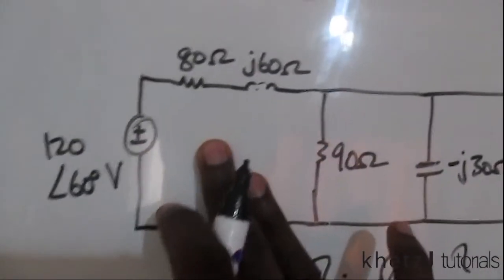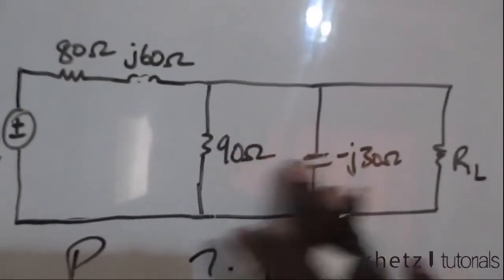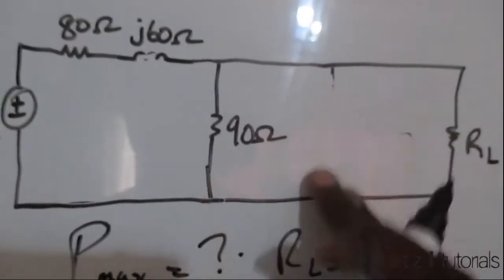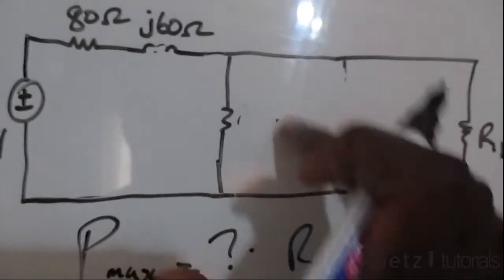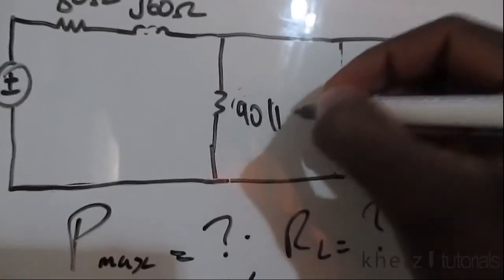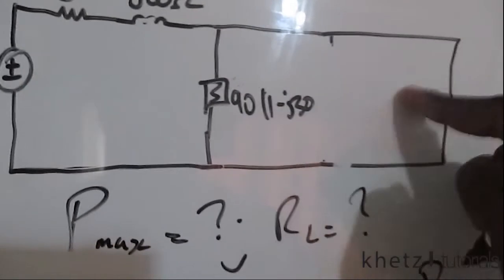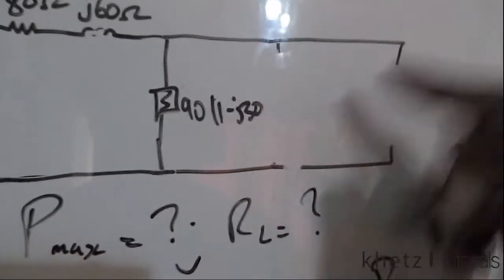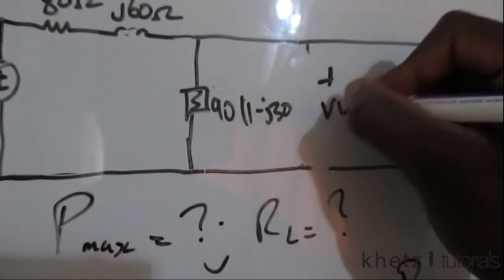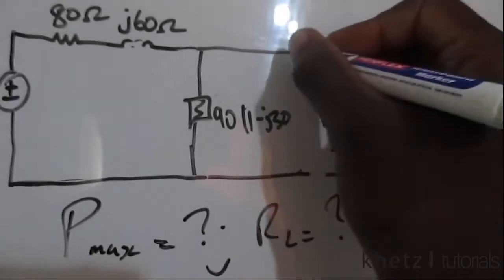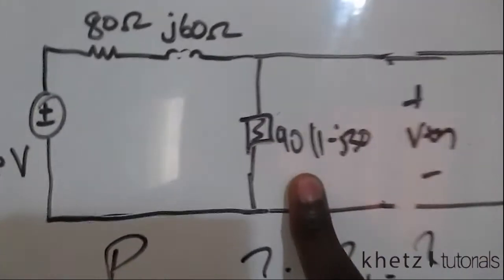If we come back to this circuit, we can combine these two in parallel, right? So we're going to have 90 in parallel with negative j30, forming an impedance over there. And our VTH is going to be measured from here, which means VTH is the same as the voltage across this parallel combination.